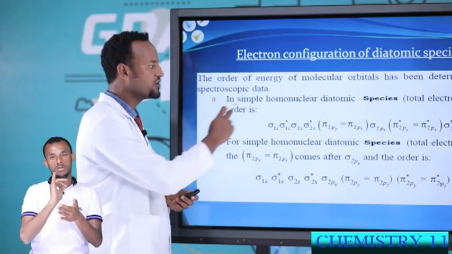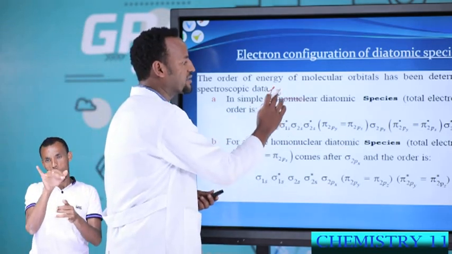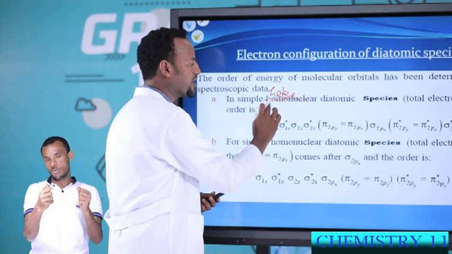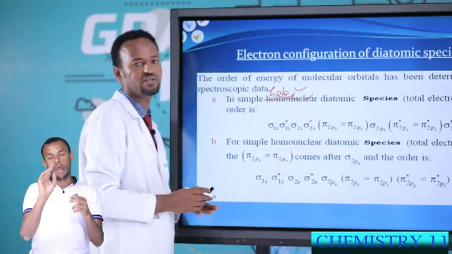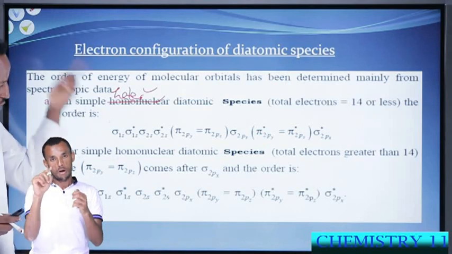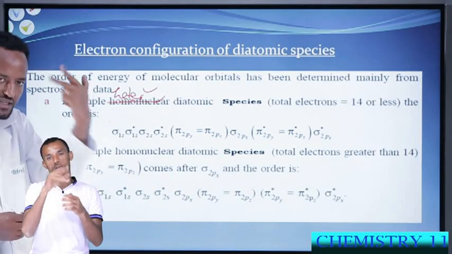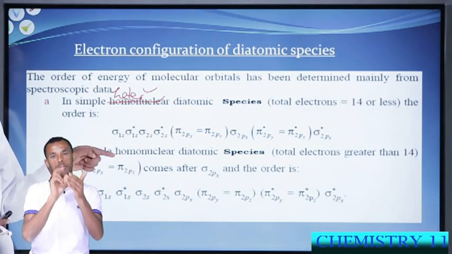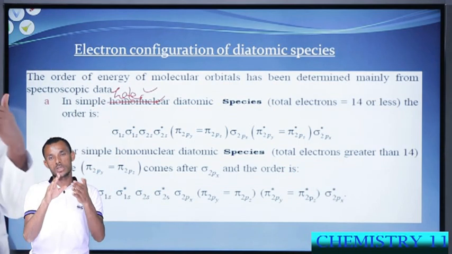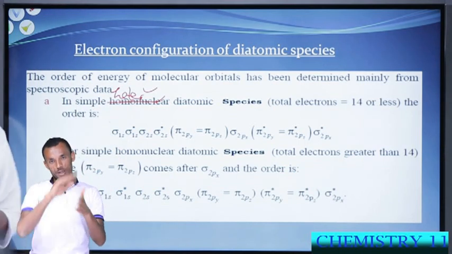This is not only for homo; hetero is also possible. It depends on the total number of electrons.